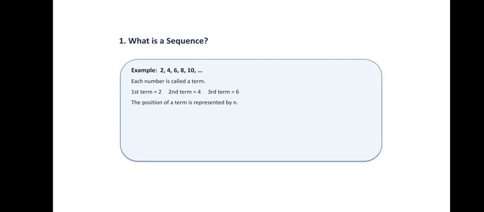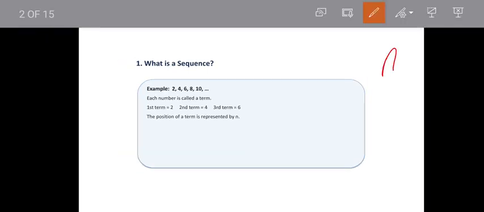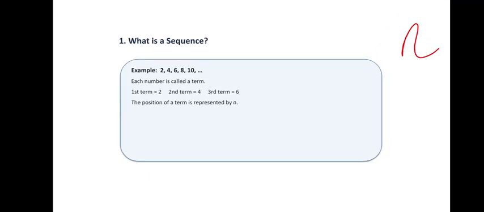So we are saying that 2 is the first term. 4 there will be the second term. 6 will be the third term. 8 will be the fourth term. 10 will be the fifth term. And the position of a term is represented by the letter n.